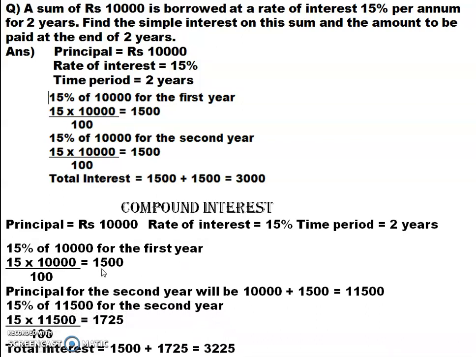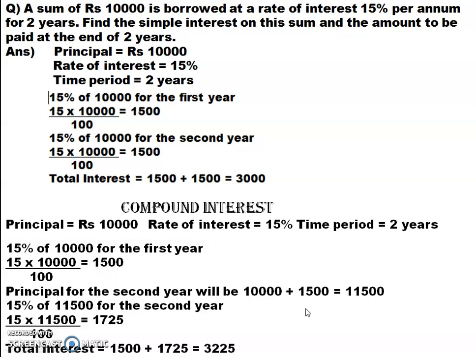For the first year we are doing the same calculation, 15% of 10,000, that is 1,500. But for the second year there is a slight difference. The principal changes. What is the change? 10,000 plus this interest will be added.